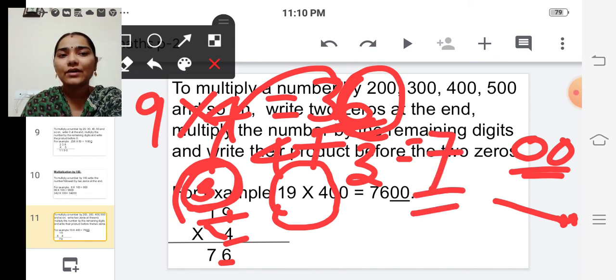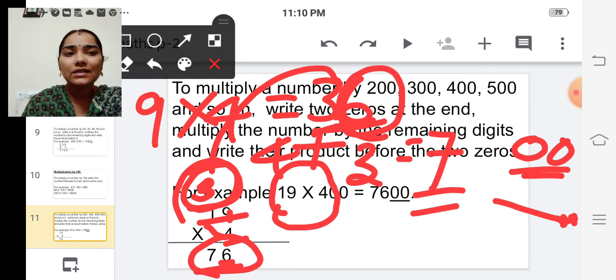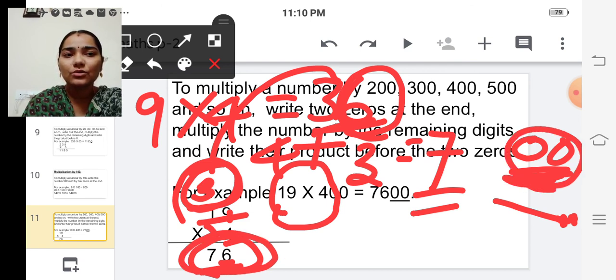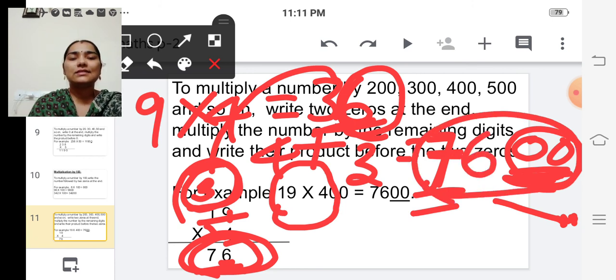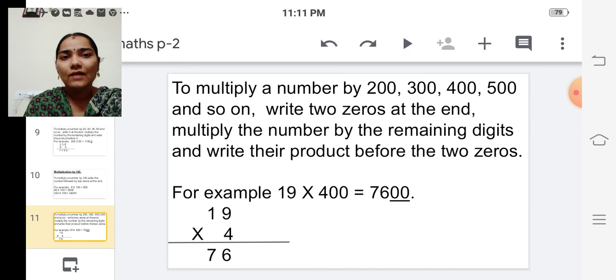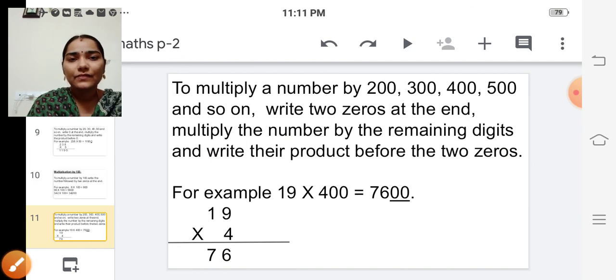So write the 7 here. So the answer is 76 and write the 76 before these 2 zeros. So the answer is 7600. So have you all understood, children?